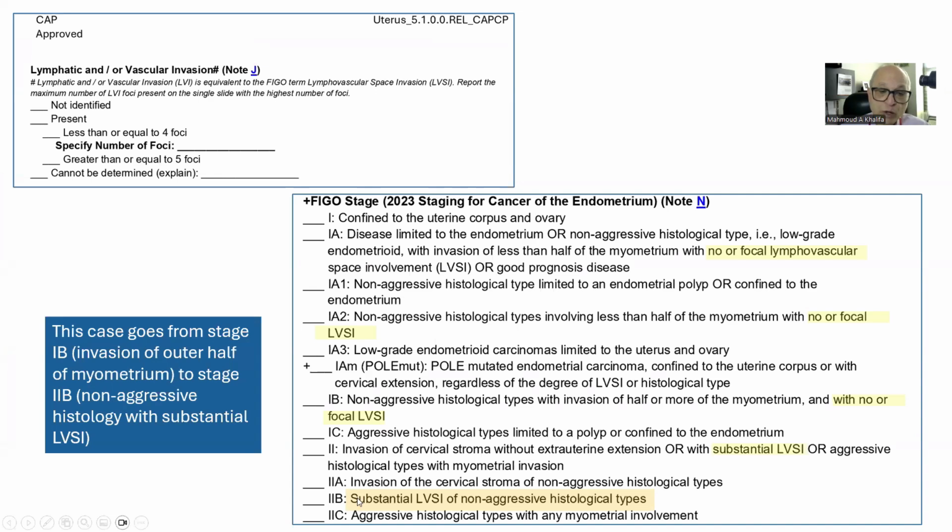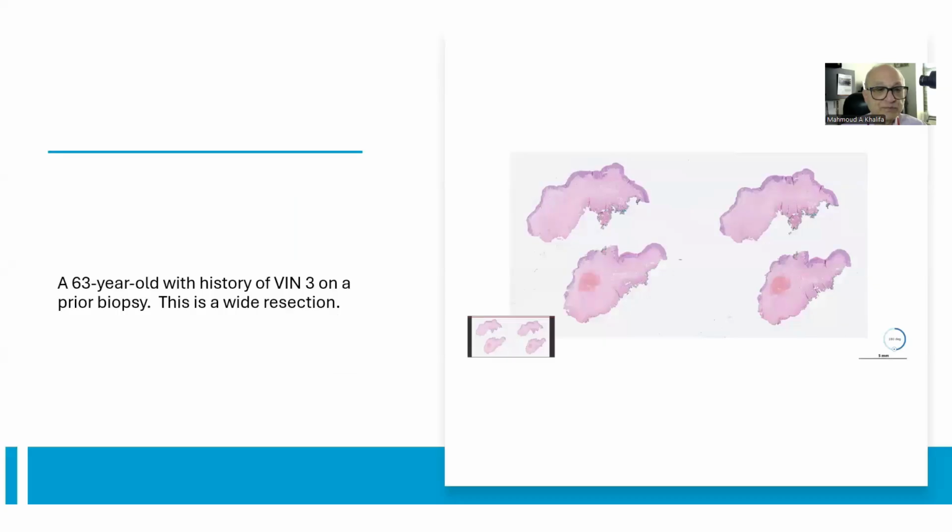And I think our patient here fits in this category, which is substantial LVI of a non-aggressive histologic type. So you can see that she went from stage 1B to stage 2B. So counting lymphatic vascular invasion in the hysterectomy is very important in staging endometrial cancer.